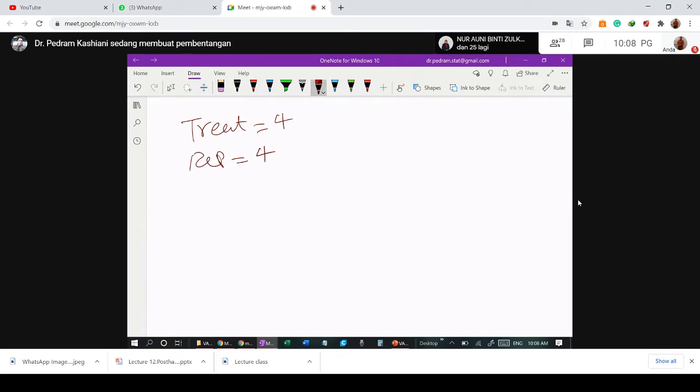Okay, if I have CRD, I only write the source of variation and degrees of freedom. If I have my CRD, the source of variation is treatment and error.